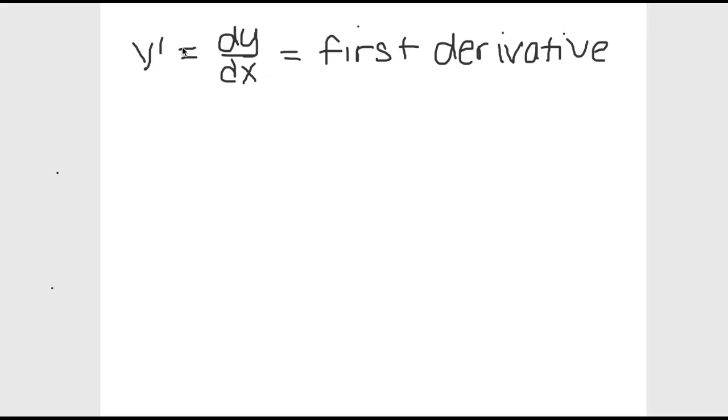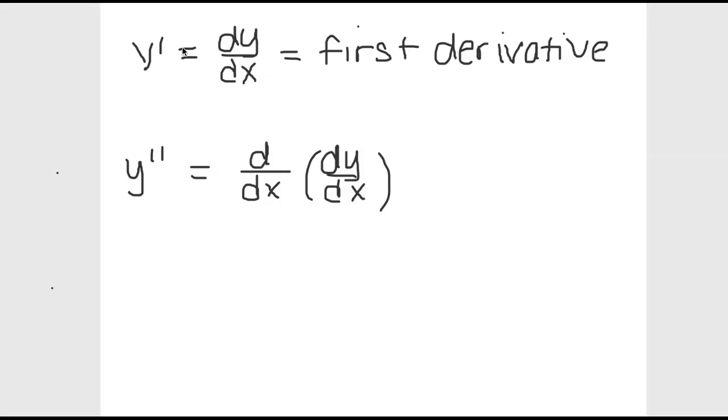So in calculus we call the second derivative y double prime. Which is like saying, find the derivative of the derivative. So that would be d dx of dy dx. So what is dx times dx?